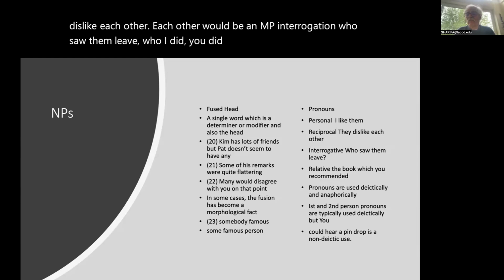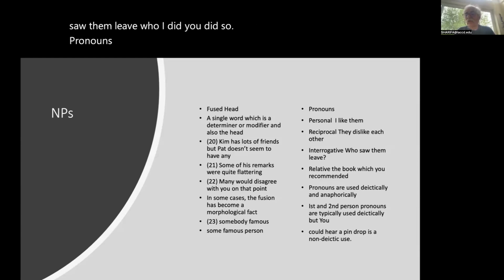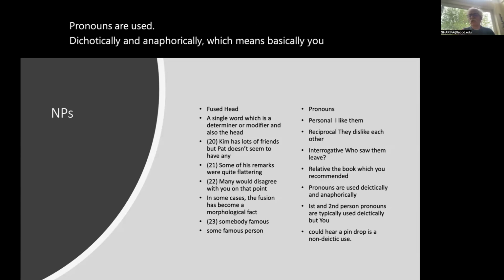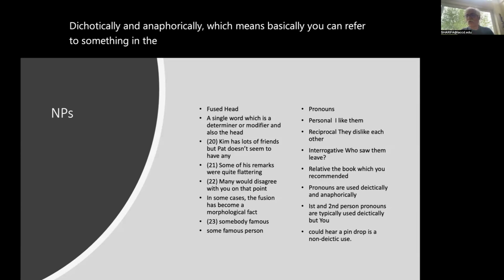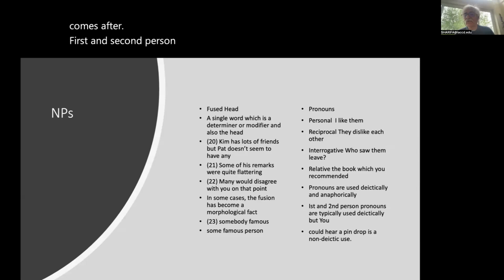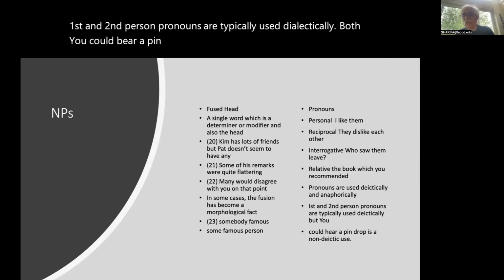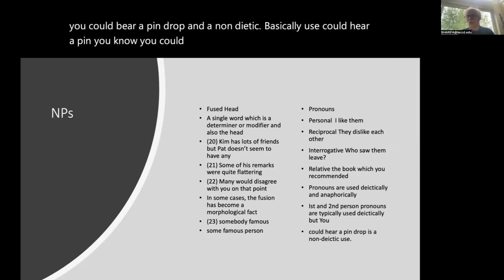So pronouns are used deictically and anaphorically, which means basically you can refer to something in the text prior, or you can refer to something that comes after. First and second person pronouns are typically used deictically. You could hear a pin drop is a non-deictic use. You could hear a pin.